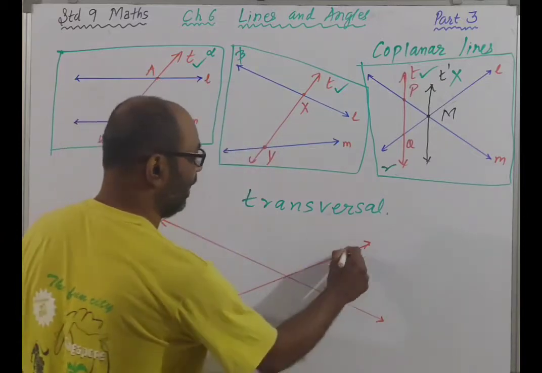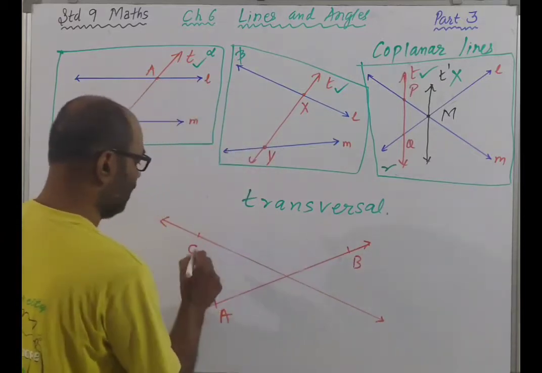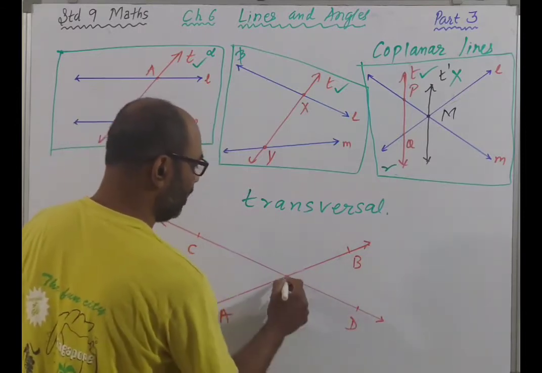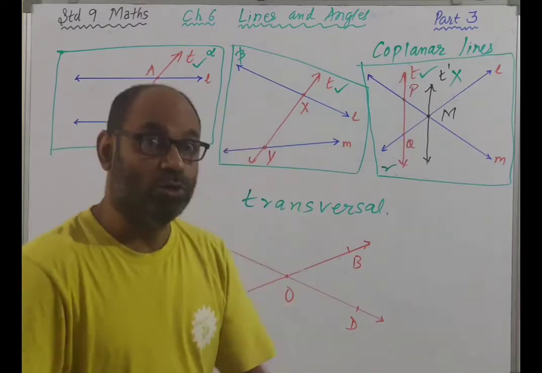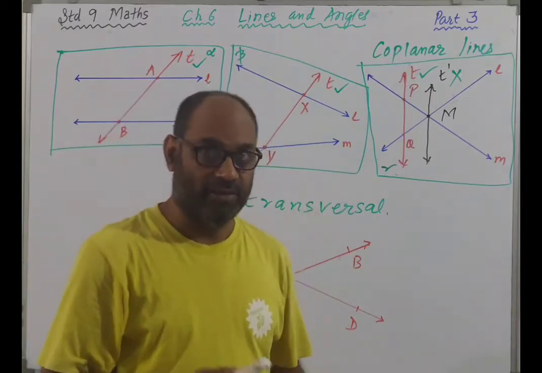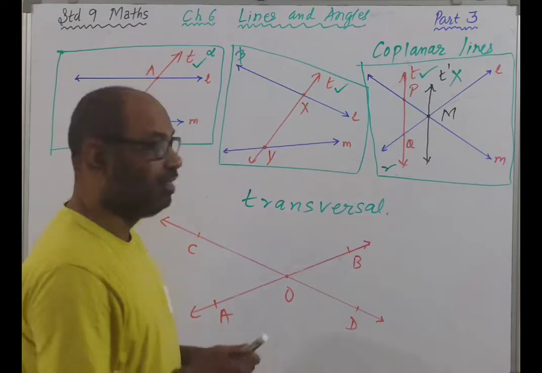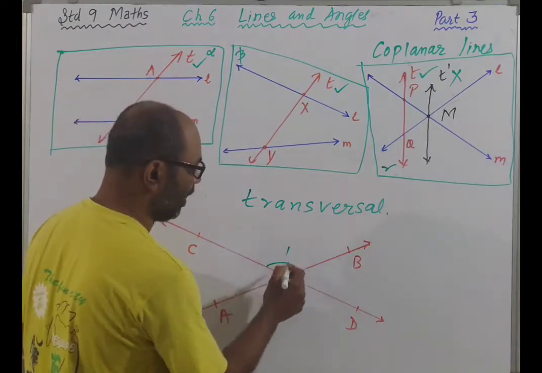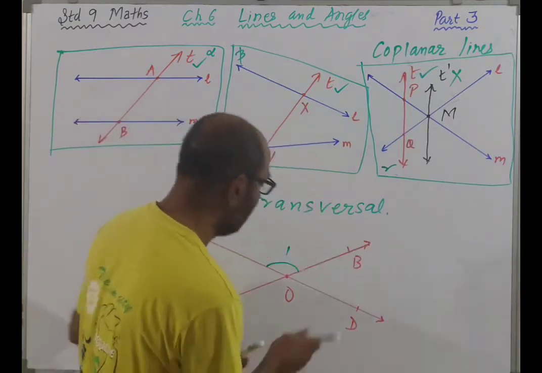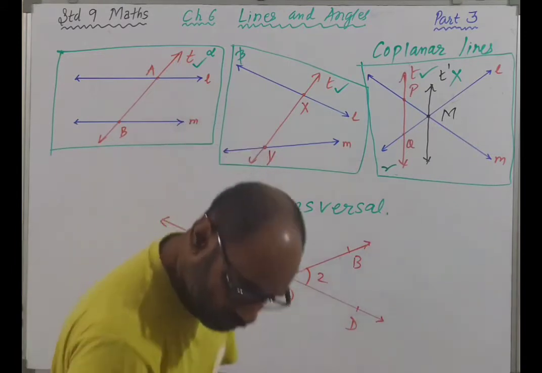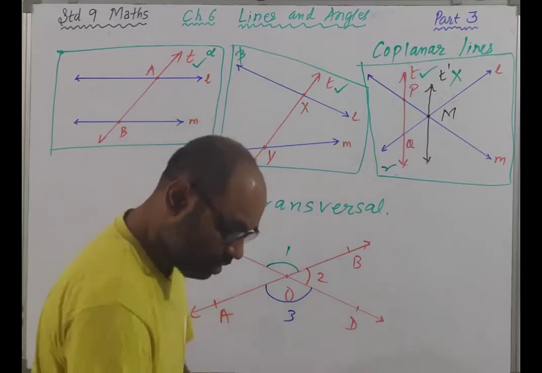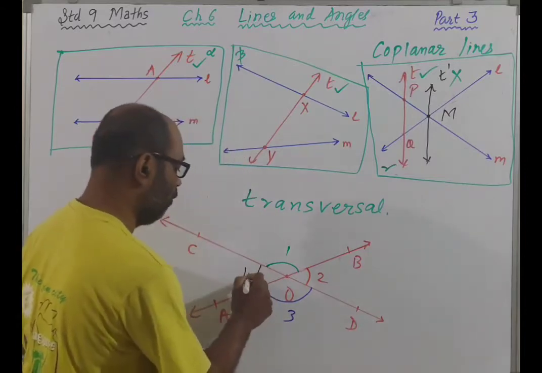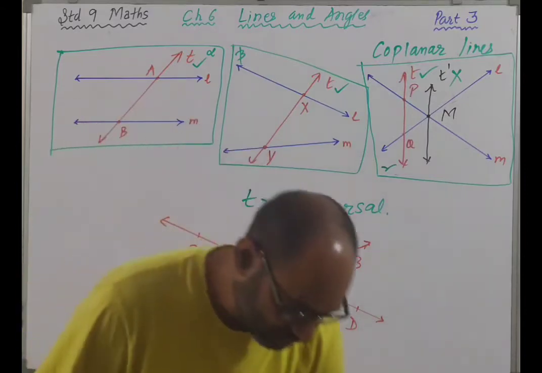Suppose this is line AB and this is line CD and they intersect in point O. When two distinct lines intersect, they will always intersect in one point and they will form four angles: angle 1, angle 2, angle 3 and angle 4. Four angles are formed. Correct?